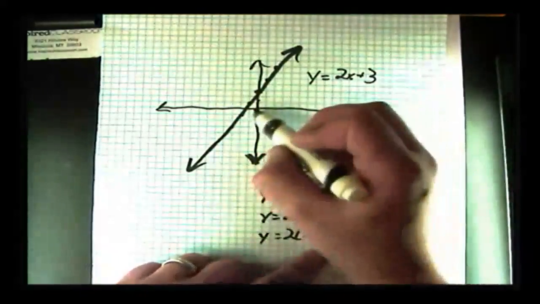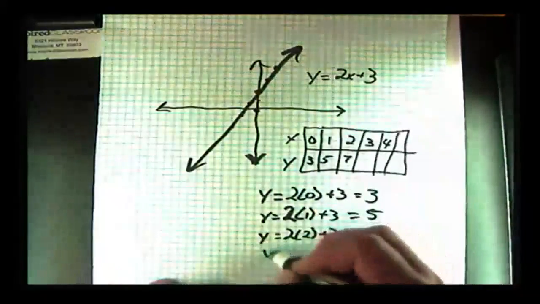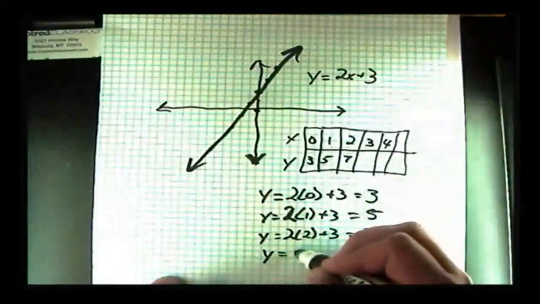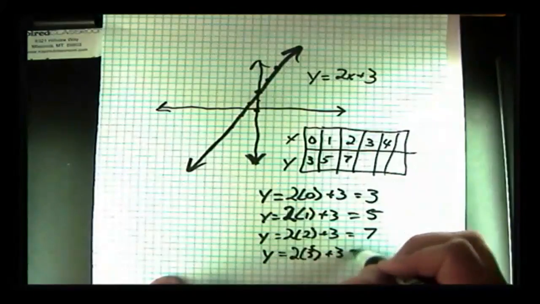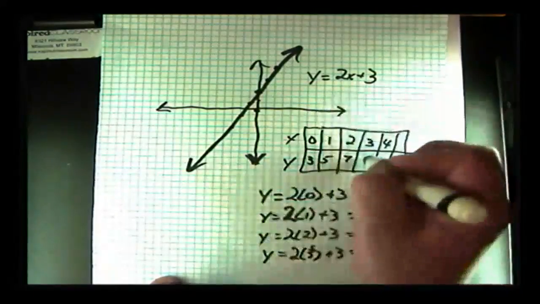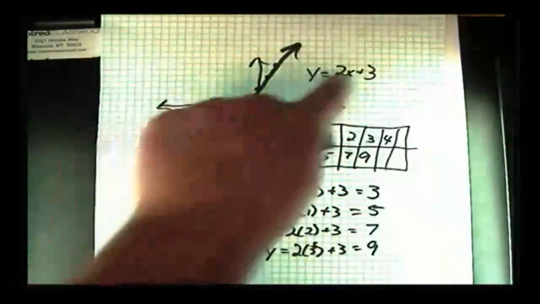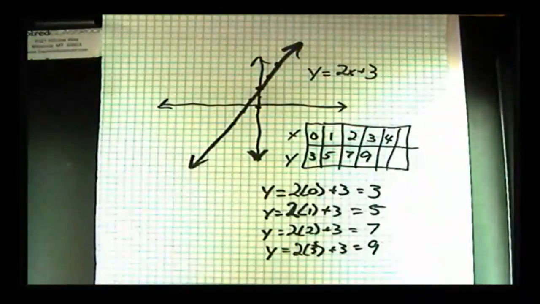If I go to 2 in the x, sure enough, I'm up at 7 in the y. So here we go. This is how equations, graphs, and tables all work together. 2 times 3 plus 3 is 6 plus 3, so 9. There we go. So you can see I've made a table, I've got a graph, and I've got an equation. All those things are speaking to each other nicely.